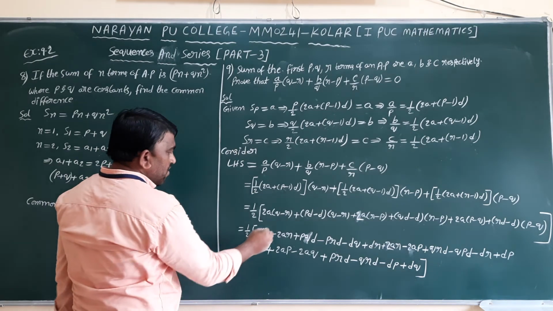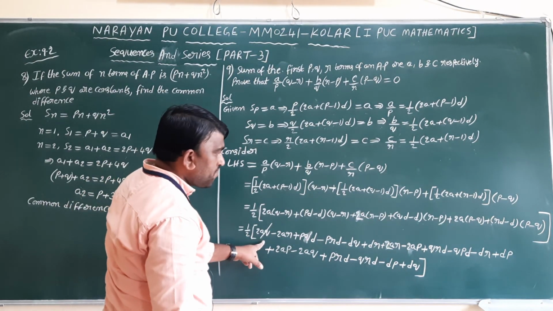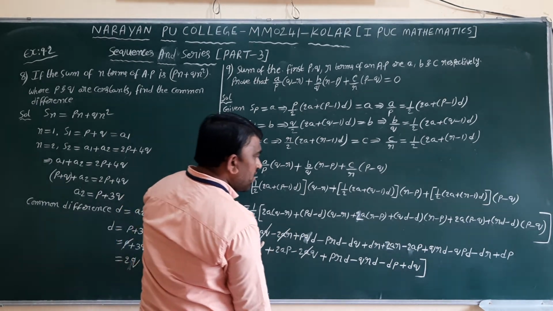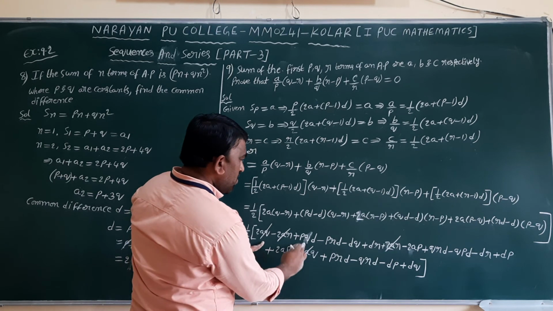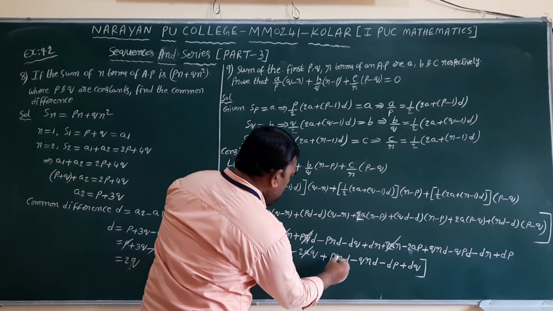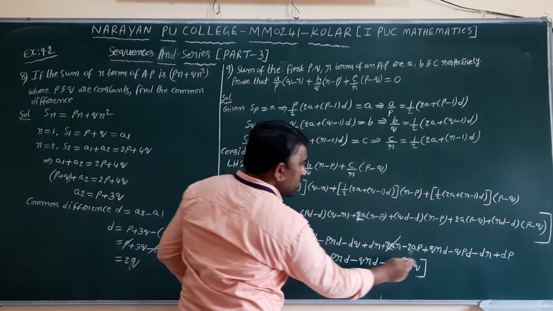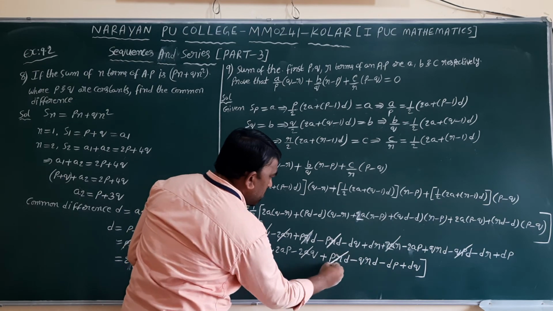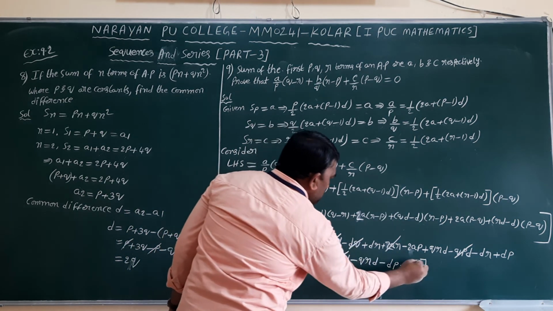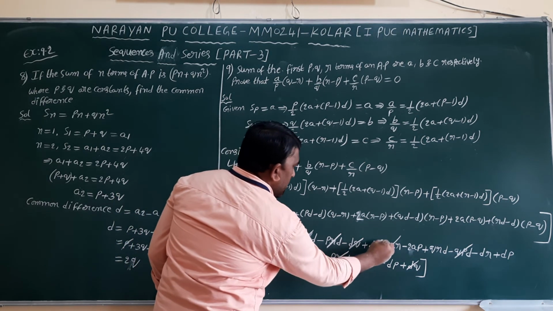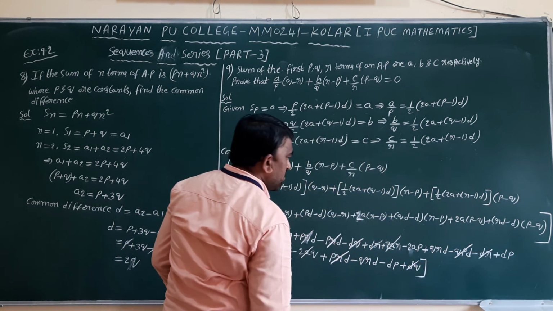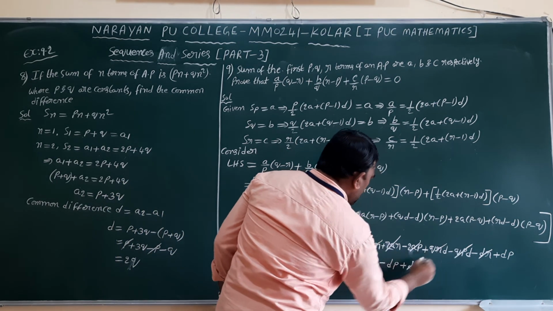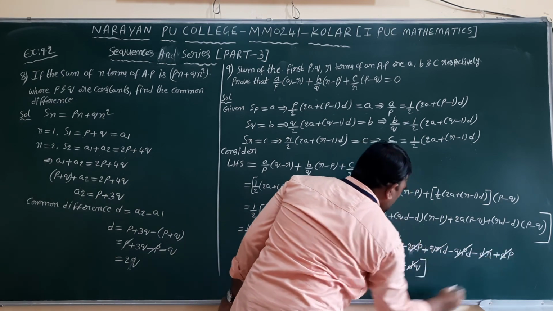If you observe, all terms will cancel. 2aq minus 2aq cancelled, minus 2ar plus 2ar cancelled, pqd minus pqd cancelled, minus prd plus prd cancelled, minus dq plus dq cancelled, dr minus dr cancelled, minus 2ap plus 2ap cancelled, qrd minus qrd cancelled, plus dp minus dp cancelled.